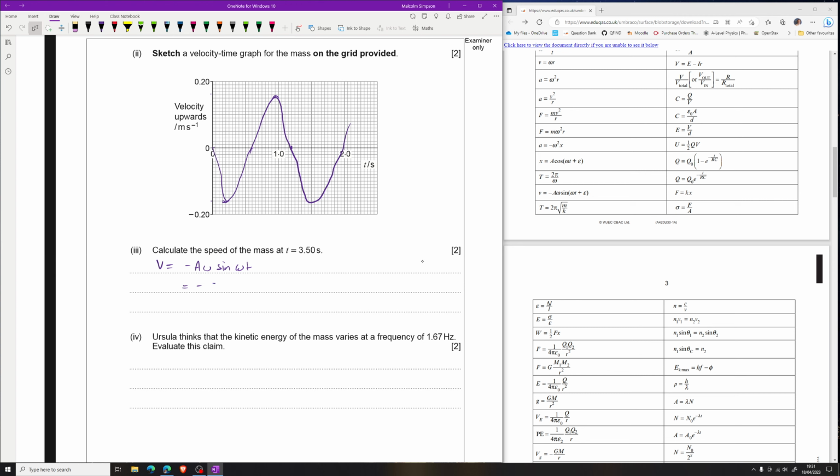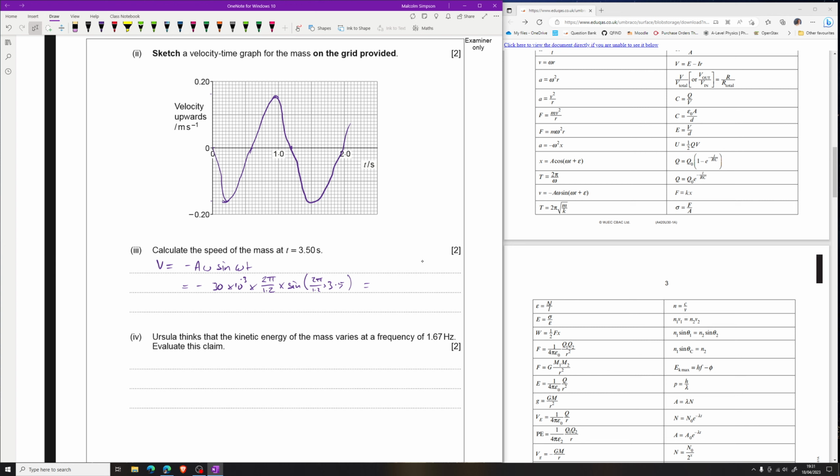So minus 30 millimeters is the amplitude, times omega, which is 2 pi over T, 2 pi over 1.2, multiplied by the sine of 2 pi over 1.2 times 3.5, and chuck it all in the calculator.